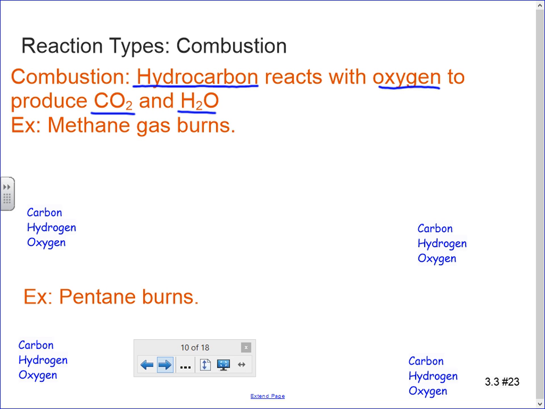So I'll give you a bit of description here. A hydrocarbon reacts with oxygen to produce CO2 and H2O. I'm pretty sure that you know what 3 of those things are.